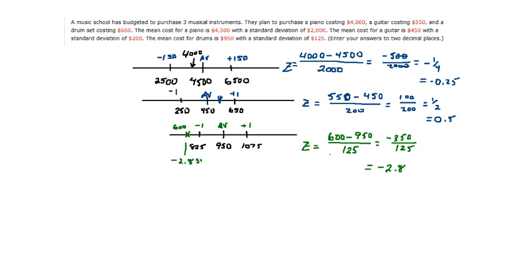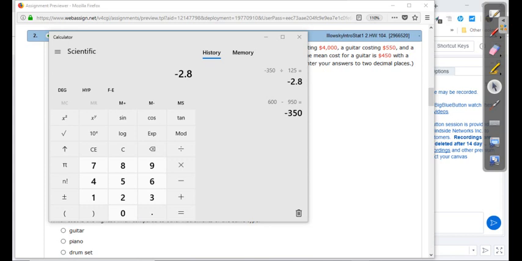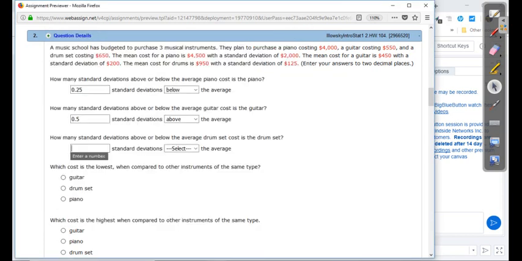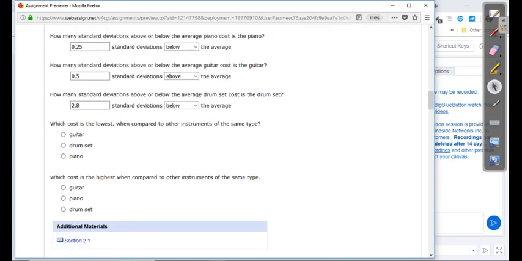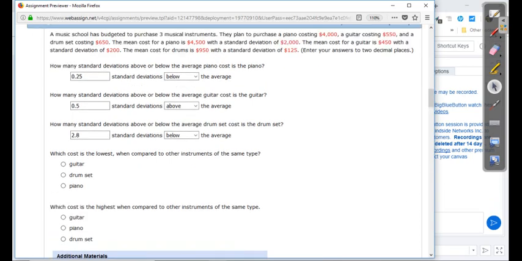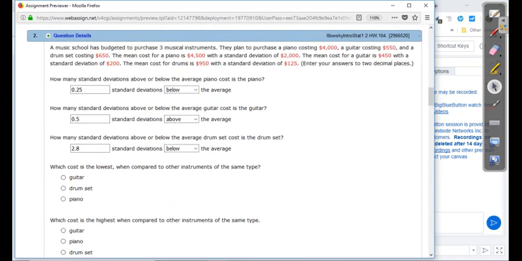Going back to our problem, what are we saying? In this problem, we're going to enter the number 2.8 standard deviations below the average. Which is the lowest cost when compared to the other instruments of the same type? Clearly, when we have a standard deviation that is below the average, we've got a cost that's less.